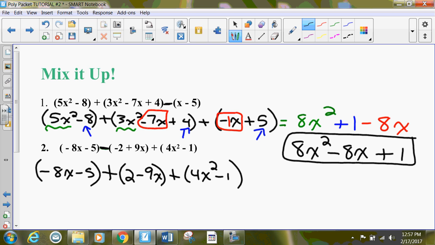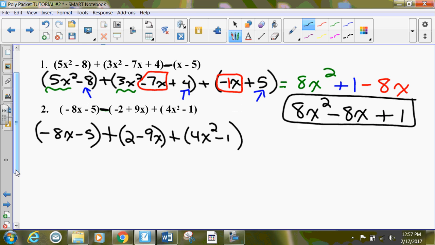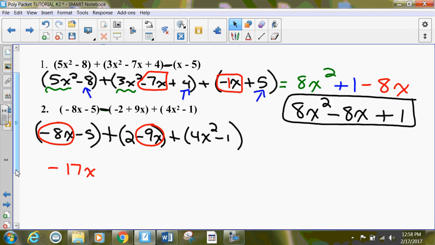So now we're just going to gather like terms. Let's have fun with it. I'm just going to look at the first term that I see moving from left to right. I see that I have a negative 8x, and I can combine that with a negative 9x. If I put negative 8 minus 9, or negative 8 plus negative 9, I'm going to get the same answer, a negative 17x. So I'm done with those. The next term I come to is this negative 5.